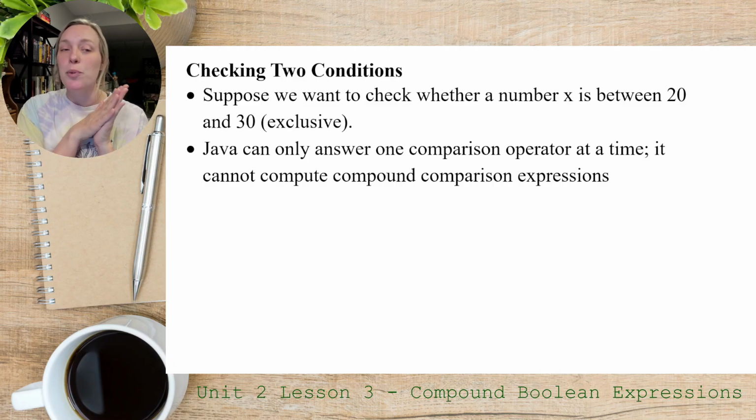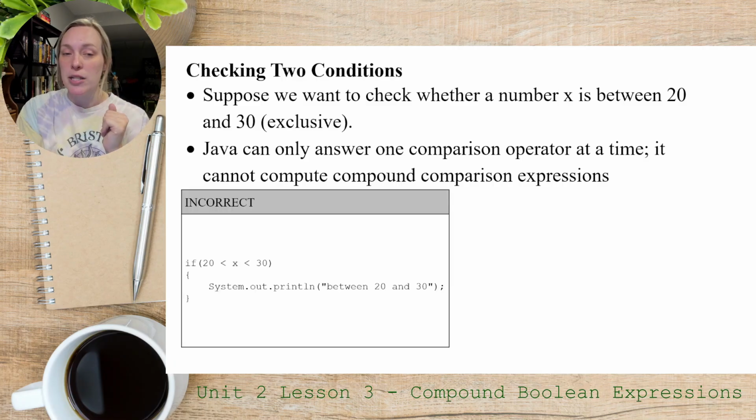It can't compute compound comparison expressions, like expressions you might be used to in algebra. So again, checking if a number X is between 20 and 30 exclusively, excluding the endpoints, you can't write something like this.